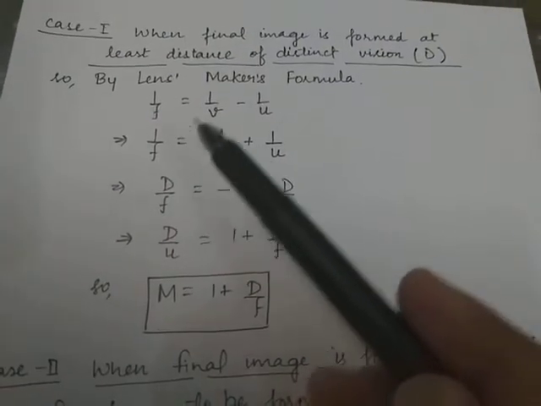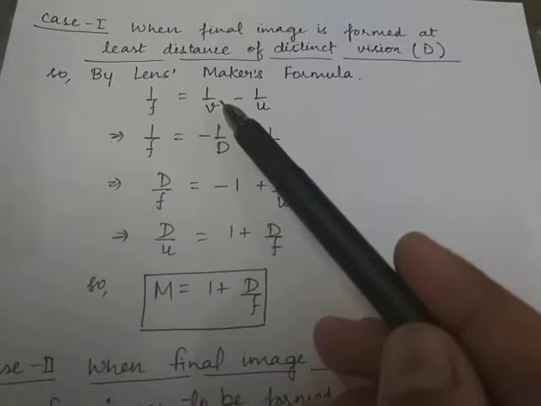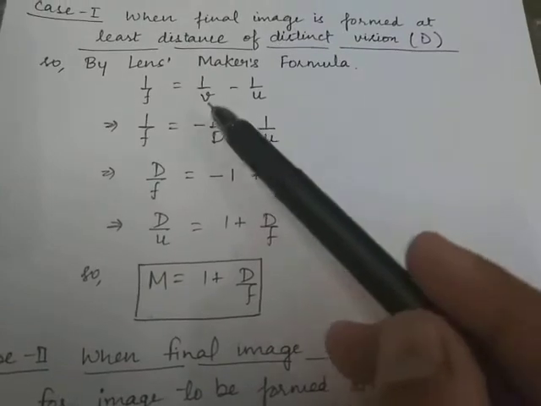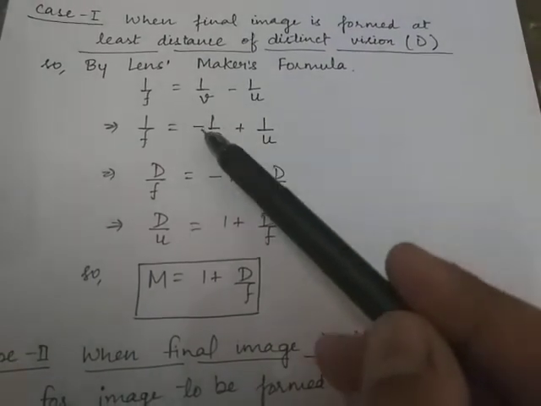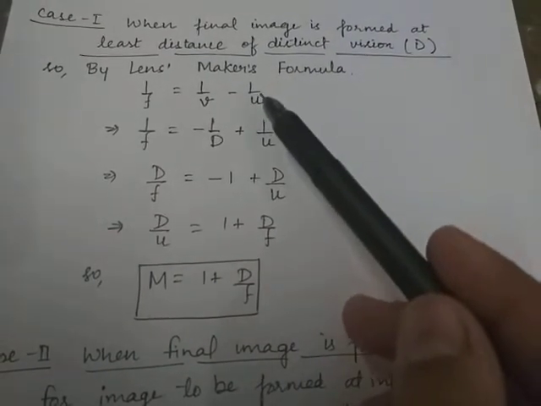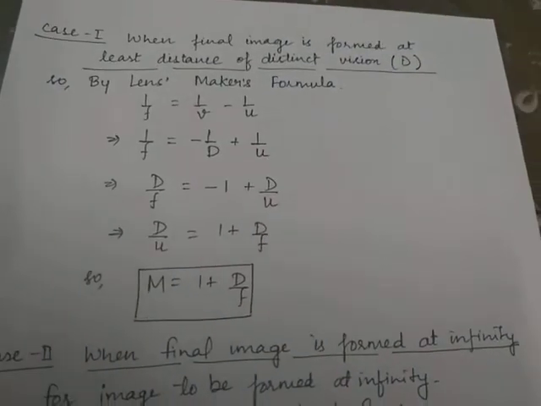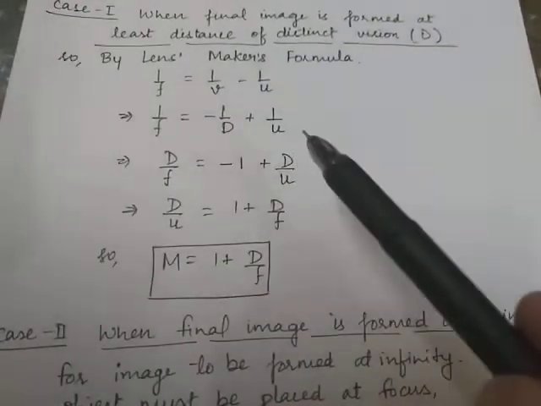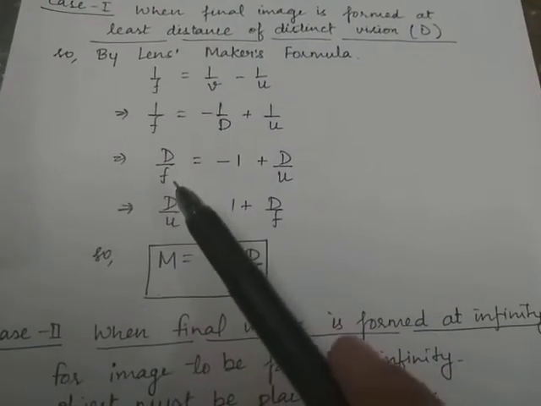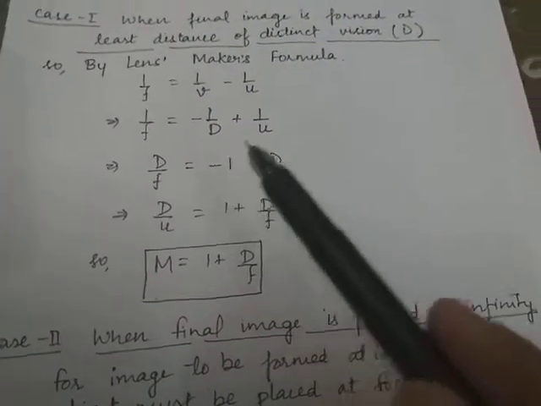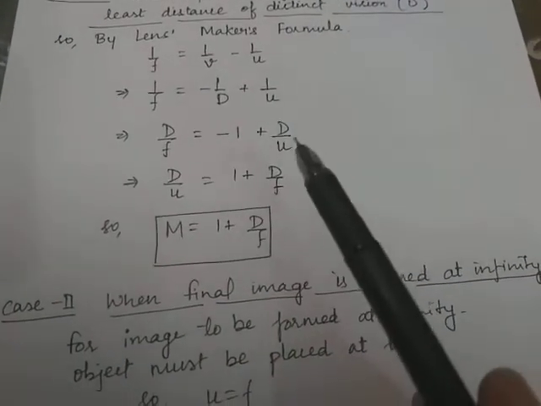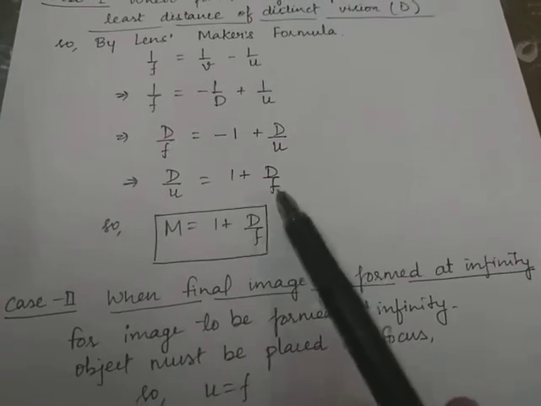In place of v, at what distance is the image forming? The image is formed at distance minus D. So in place of v I am writing minus D. So it will become minus 1 upon D, and the value of u is actually negative because it is on the left side, so minus minus plus. On multiplying the complete equation by D, it will become D by f is equal to minus 1 plus D by u. So the value of D by u will be equal to 1 plus D by f.